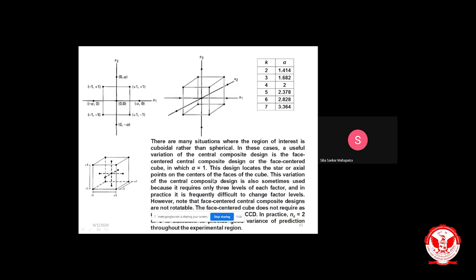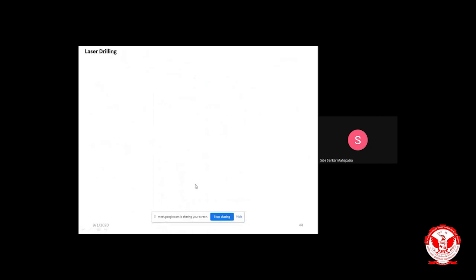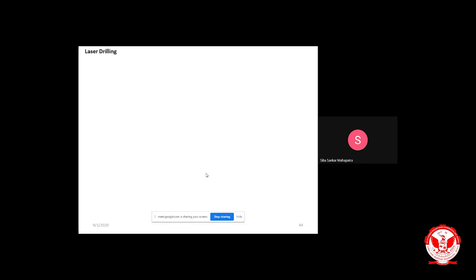Similarly, in the face-centered central composite design also, all the factors can be represented by -1, 0, and 1. So Box-Behnken design is comparatively easy because you need not change a factor too many times. Sometimes what happens in the actual experiment, you cannot change the factors as you like. So in that case, only 3 levels are sufficient.